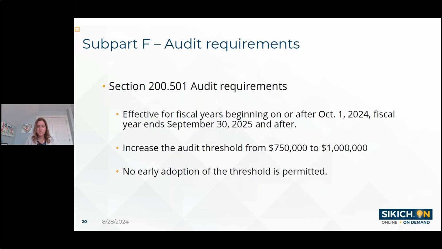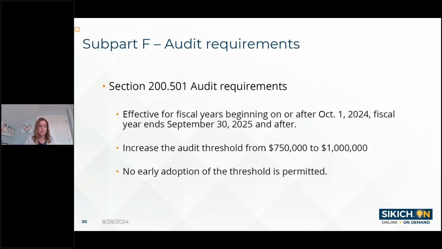The notable change here is the increase to the audit threshold, which requires organizations expending more than $1 million now in federal awards to be subject to a single audit. Previously that threshold had been $750,000. So this will eliminate some burden, as organizations that have smaller federal award programs may no longer be subject to a single audit.